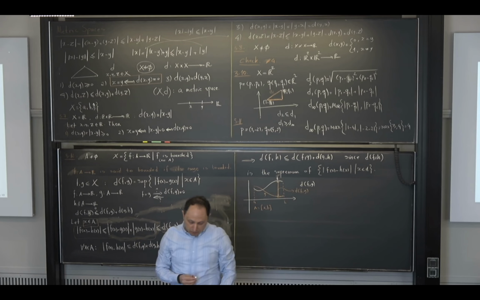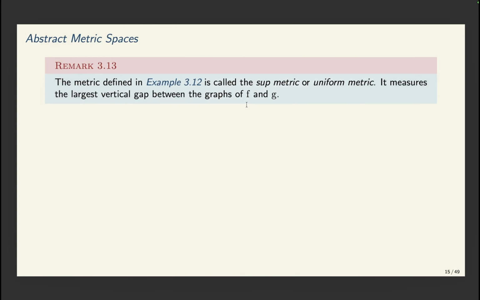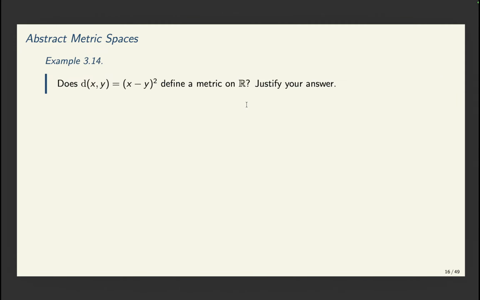That's a kind of metric, okay? And there is a name for this metric. It's called sup metric or uniform metric. That's also good to know. It measures the largest vertical gap between the graphs of F and G. Okay, this is also a good example.